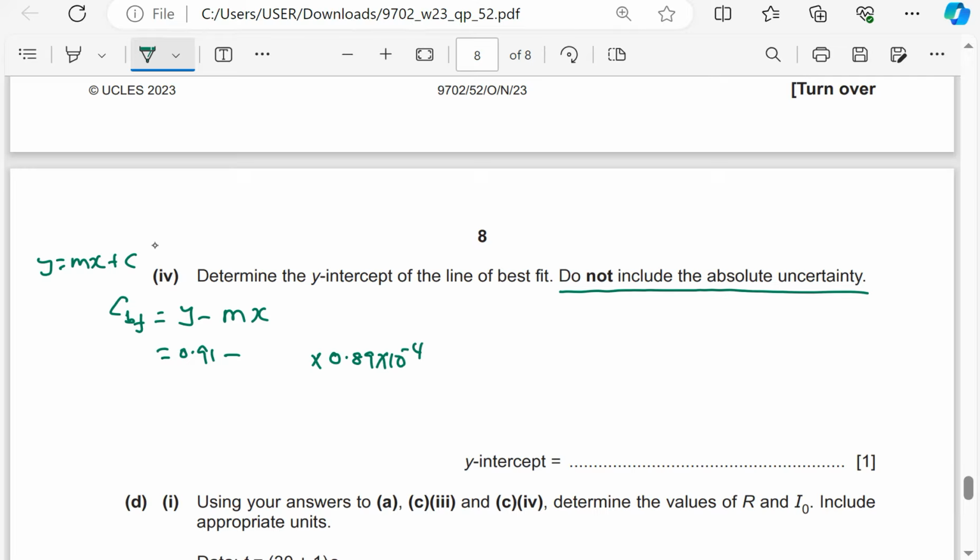So the gradient was negative 0.816 times 10 to the power of minus 4. Sorry, this is power plus. The x value is 0.89 times 10 to the power of 4. The y value is 0.91. The gradient is 0.816 times 10 to the power of negative 4.